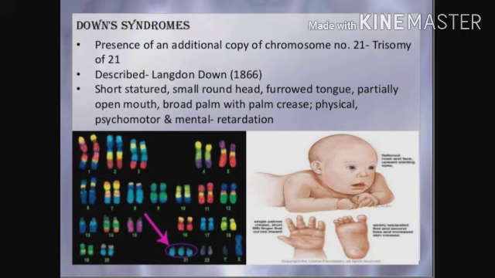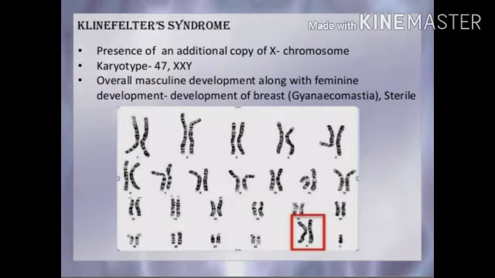The symptoms: short statured body, small round head, furrowed tongue, partially open mouth, broad palm with palm crease, physical, psychomotor and mental retardation. Then Klinefelter syndrome, in which there is an additional copy of the X chromosome.